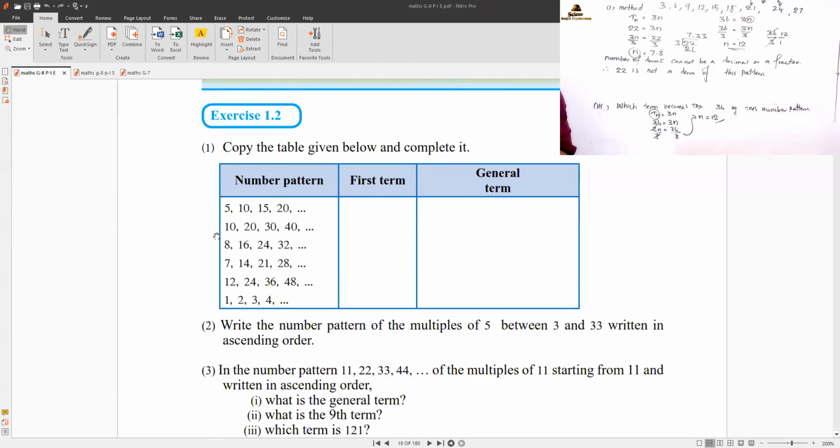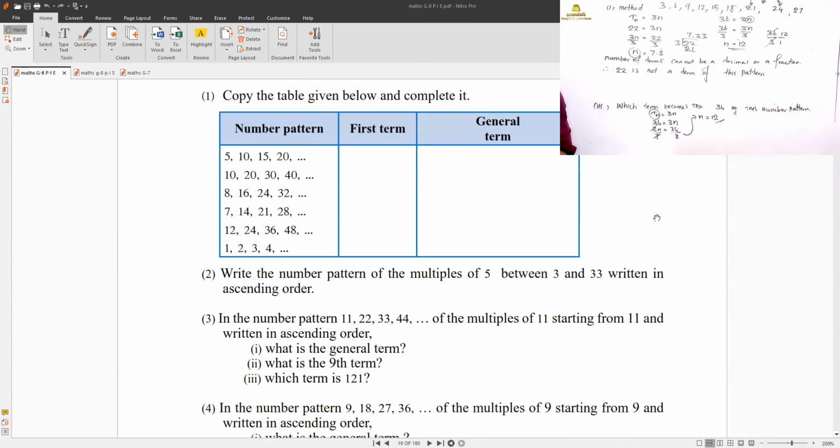Next one, 10 and 10n. Next, 8n. Next, 7n. The other one, 12n. Next one, 1, and that's n. Very good.